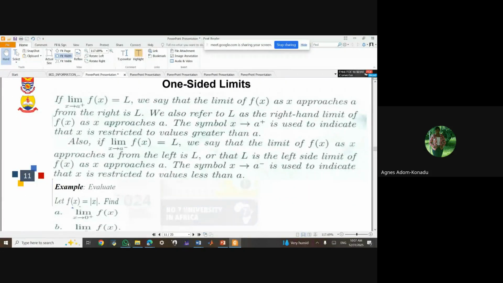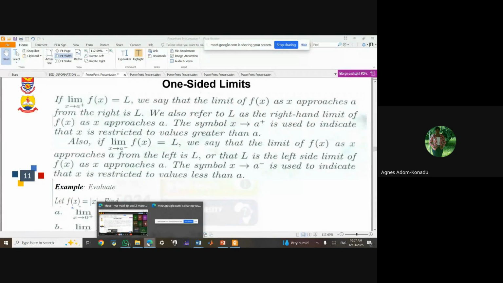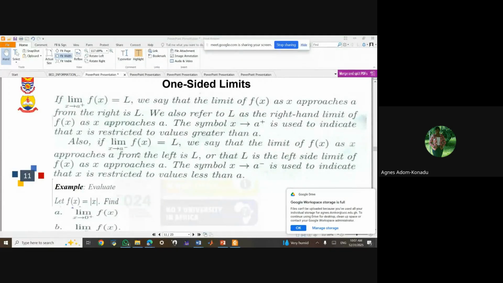So the next thing, I want to look at one-sided limits. So if the limit as x approaches a from the positive of f of x is equal to L, we say that the limit of f of x as x approaches a from the right is L. So here the focus is on this, a positive.